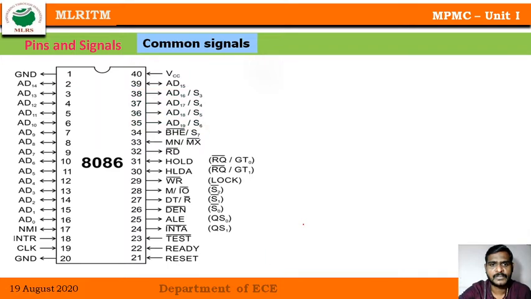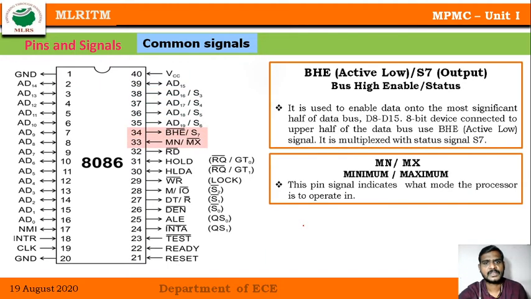Then pin number 34 is called BHE bar slash S7. Again it is a multiplexed signal, where BHE is nothing but bus high enable. This is used to enable the data on the most significant half of the data bus, that is D8 to D15. When an 8-bit device is connected to the upper half of the data bus, we use the BHE signal.